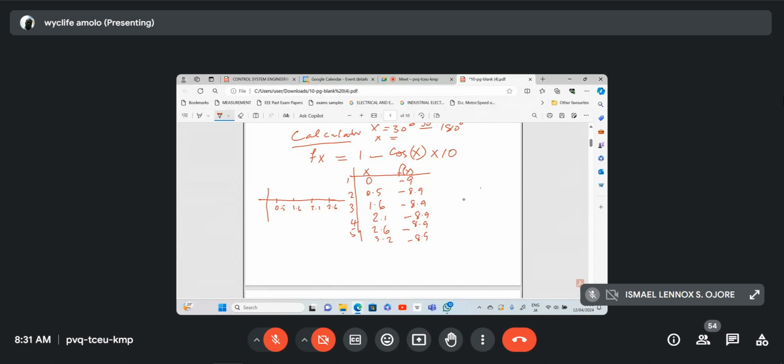Then you find that all of these values are negative, because my 1 minus something, this one is bigger, that's why it is giving us negative. So we shall have minus maybe 10. Then you find minus 9 is here, minus 8 point something here. So it's going to give you almost a constant signal, which is what we're trying to say.